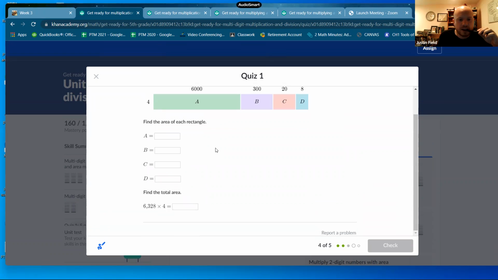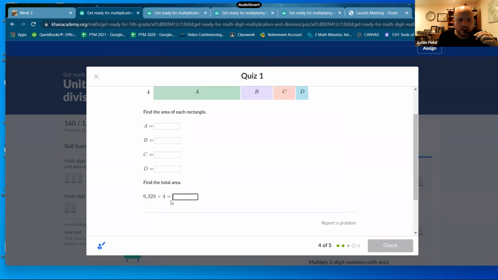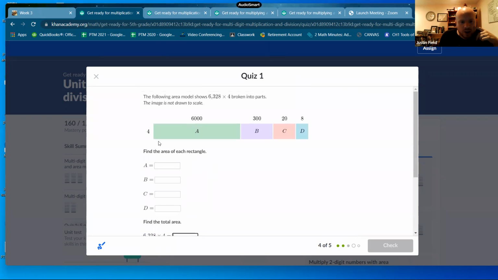Area of each rectangle. Maybe we should do it. You could do this one based on what we did, just multiply them all by 4. But another way you could think of it is to break it into parts.